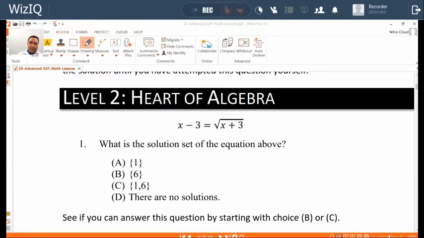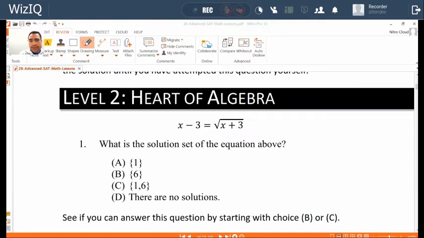Perfect job. Now again, if you think about it, how much time did it take you? It didn't take you much time. Now, if I am going to answer this question algebraically, the algebraic solution would be like this.